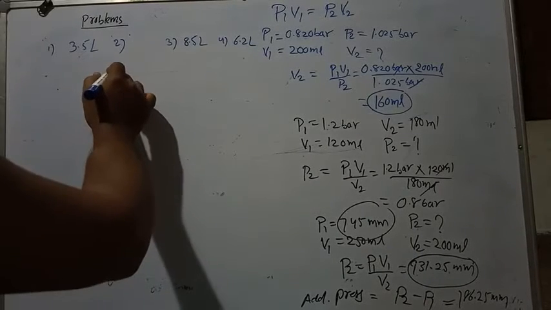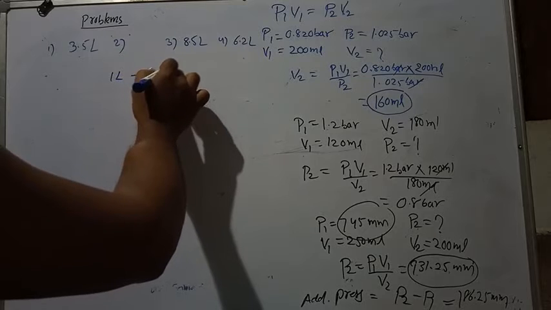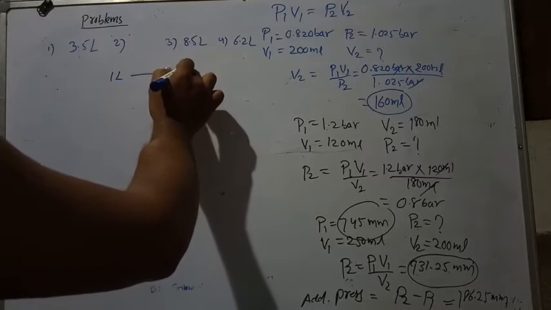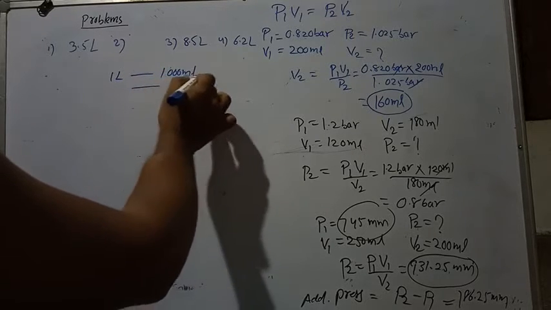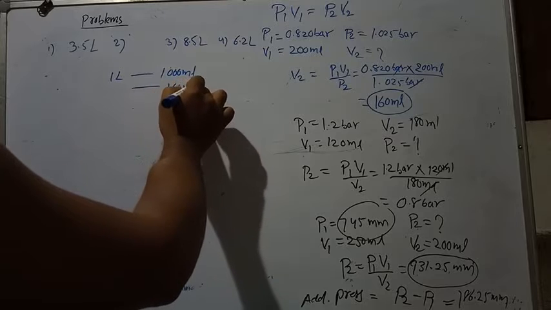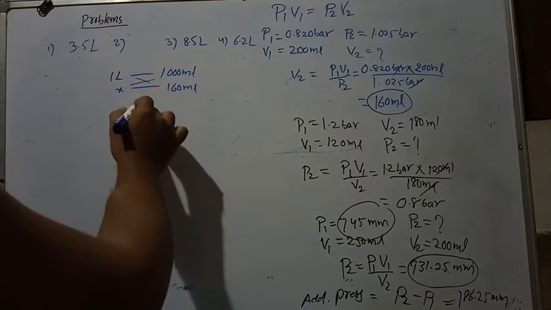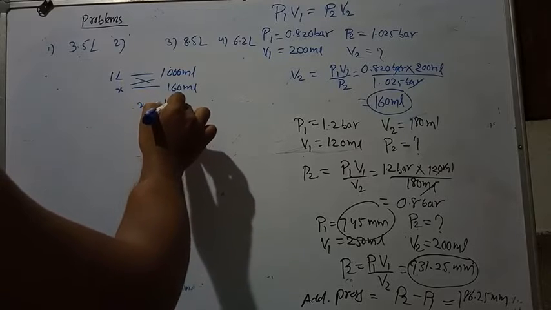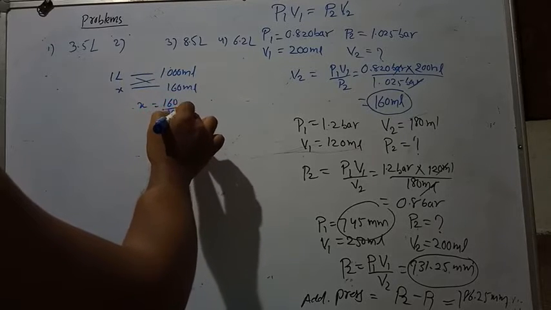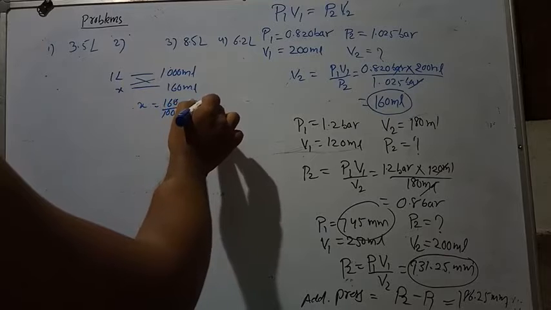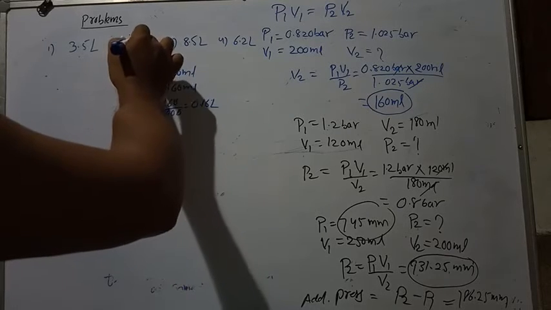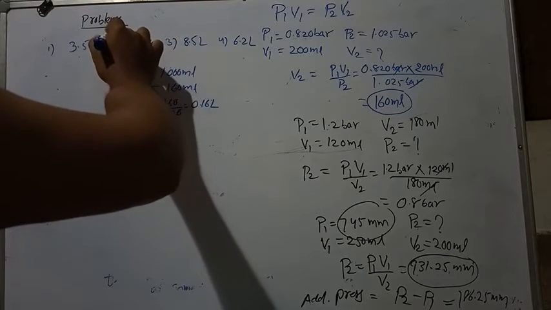How can we convert? 1 liter is equal to 1000 ml. How much ml are we getting? 160 ml. So how many liters? Cross multiplication, that means x is equal to 160 by 1000. So 0.16 liters. So what is our answer here?